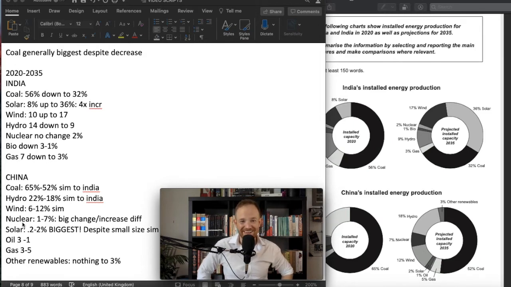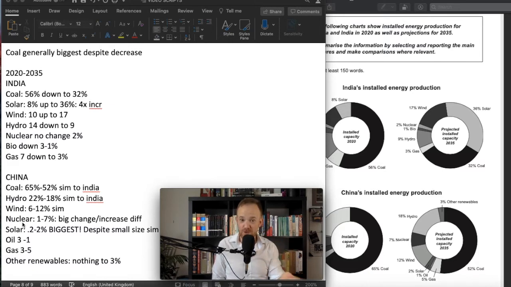Solar, this one is a bit of a surprise. It goes from 0.2% to 2%. That means, yes, it is one of the smallest sources. In fact, I believe it is the smallest source. But it shows the most growth. That is massive growth.